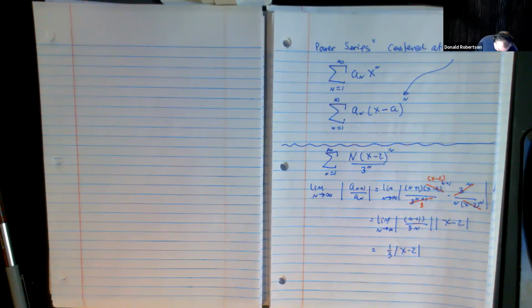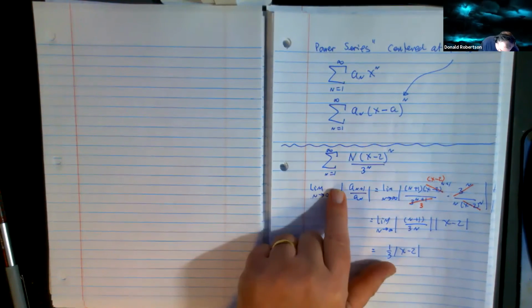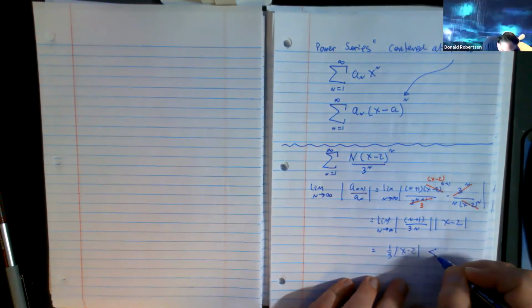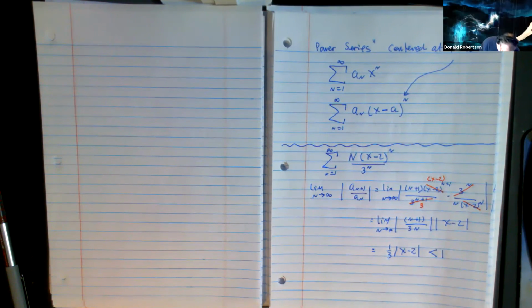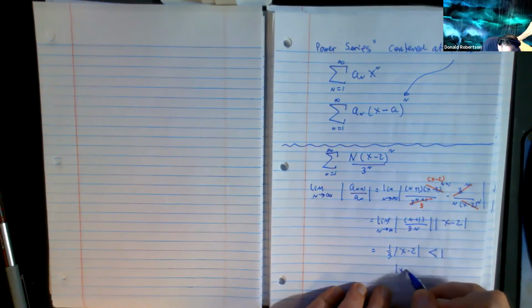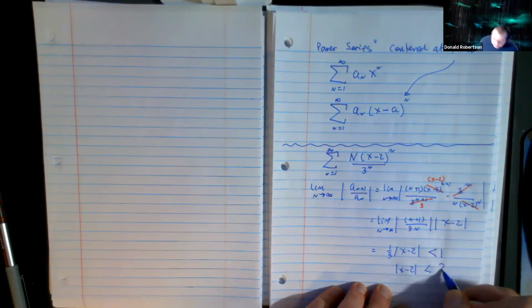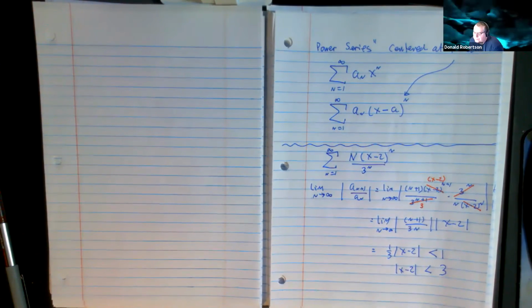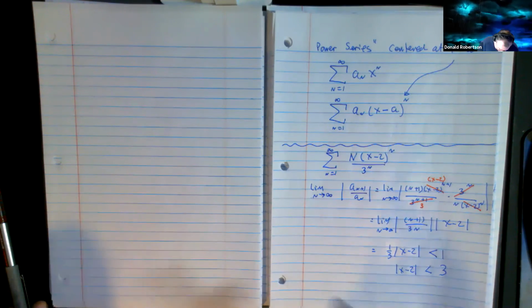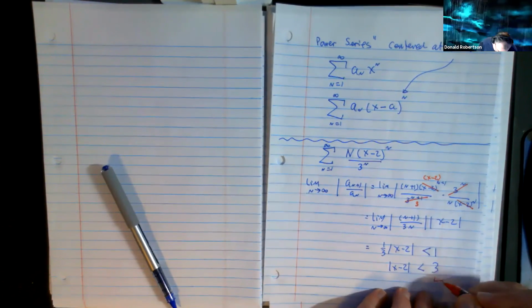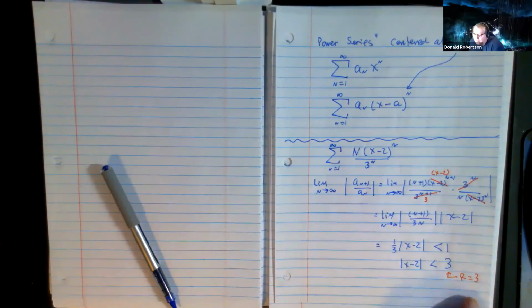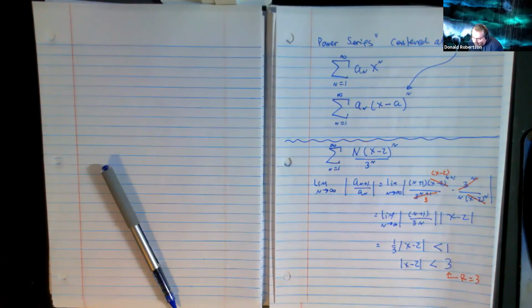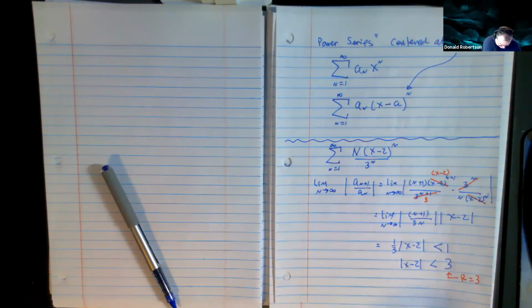Now, if this is going to converge according to the ratio test, doesn't this need to be less than 1? Which transfers into this needing to be less than 3. And this number is what we call the radius of convergence. So far, so good. Now it gets a little bit different.